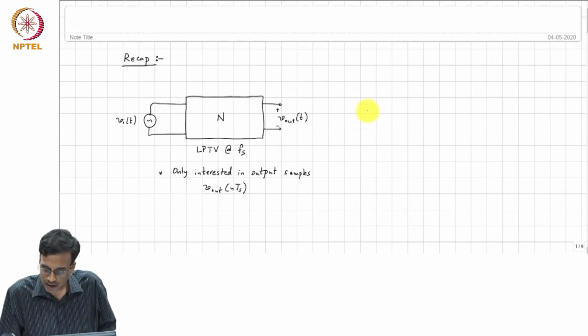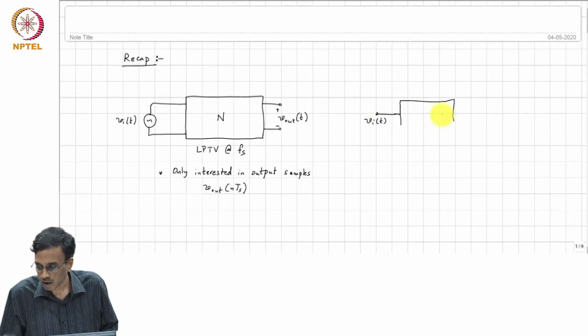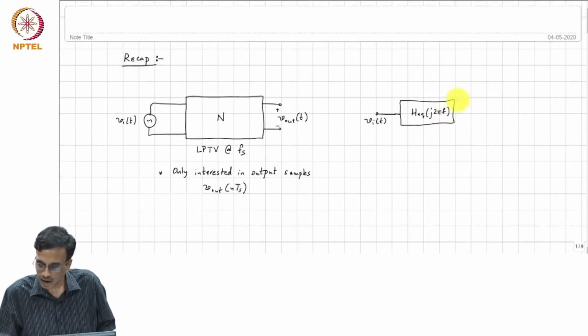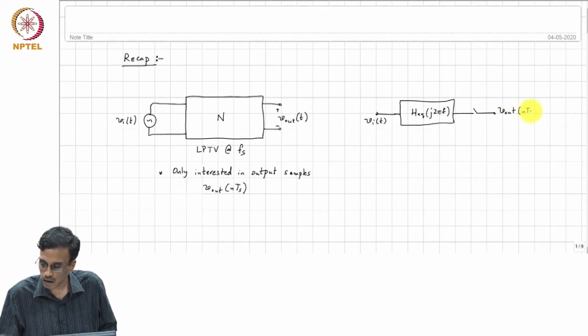Then we saw that you can think of V out of nTs as taking Vi of t, processing it through a linear time invariant filter with a transfer function H equivalent of j 2 pi f, and sampling its output at nTs.